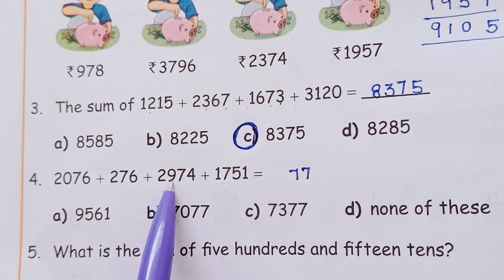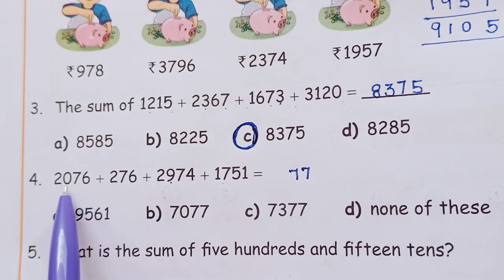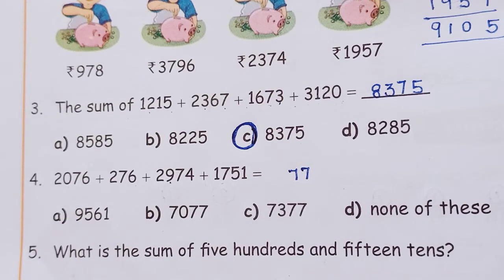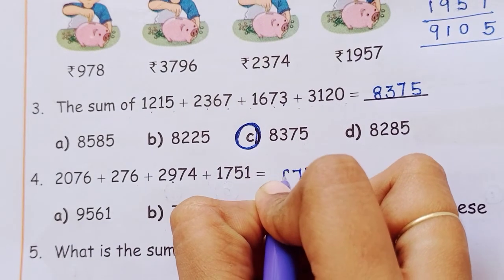Then add the hundreds column. 7 plus 9, 16. 16 plus 2, 18. 18 plus 0, 18. Then 18 plus 2, 20. So you write here 0.